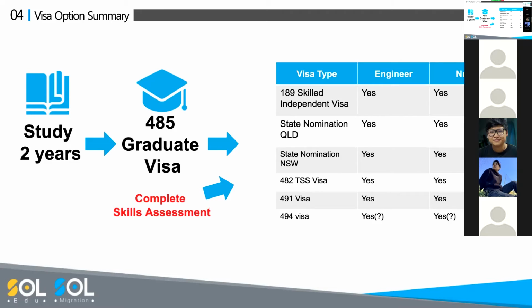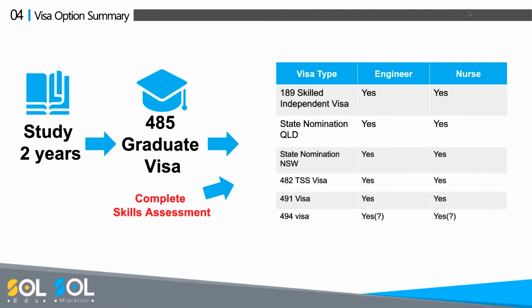And maybe currently a lot of couples come, and the wife or husband is asked to study, but the main applicant becomes a dependent. Let's think about it. If the primary applicant studies a master course, the partner can have 2 years of full-time work rights during the master, and then the graduation visa will be 3 to 4 years, which means his full-time work rights will be 5 years, 4 years, and can be up to 6 years.